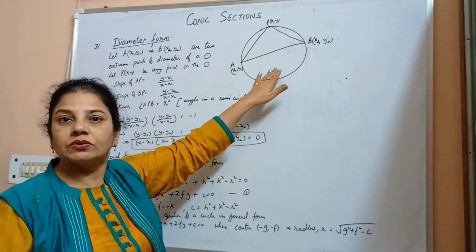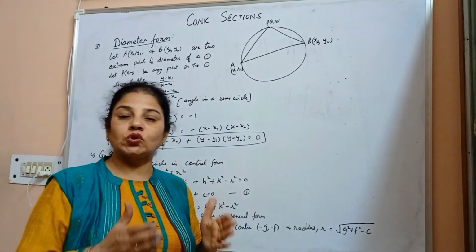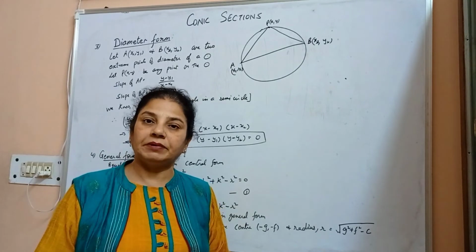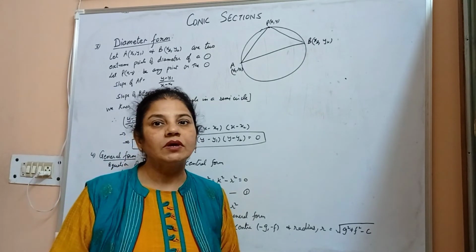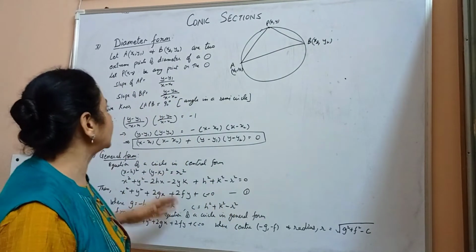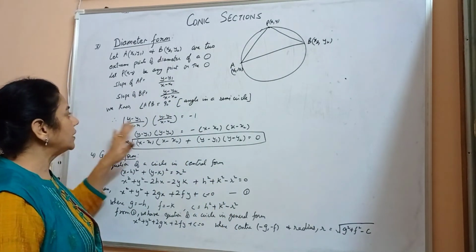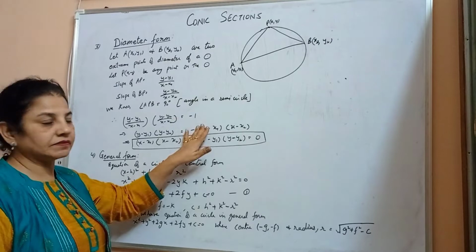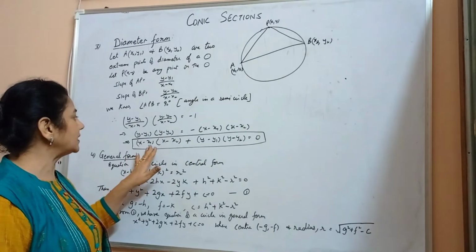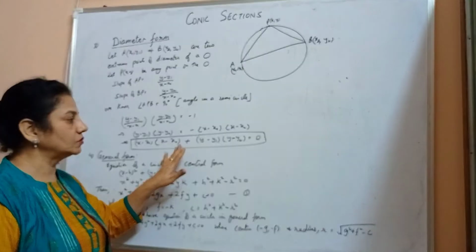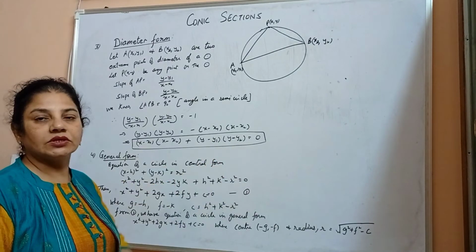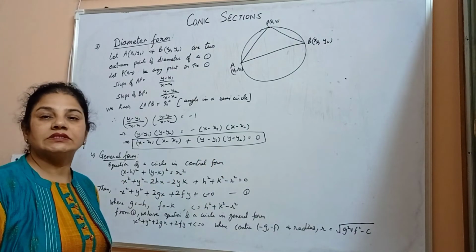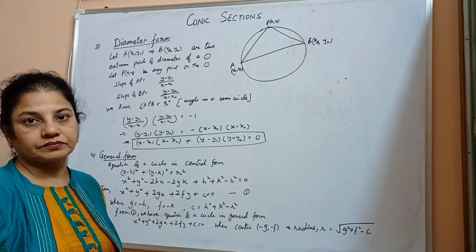Angle APB is equal to 90 degrees. That means the lines AP and PB are perpendicular to each other, and the product of their slopes should be equal to minus 1. On solving, we get (x minus x1)(x minus x2) plus (y minus y1)(y minus y2) is equal to 0. This is called the equation of a circle in diameter form.